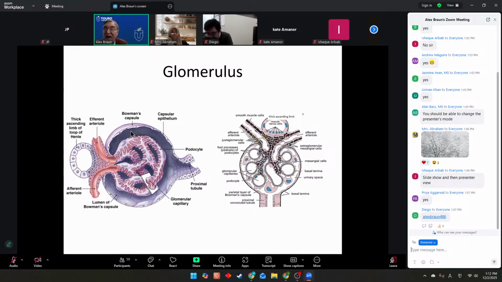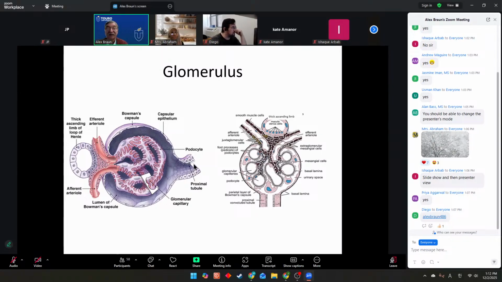Now, Bowman's capsule, with a urinary space or Bowman's space between the parietal layer of epithelium and the visceral epithelium, becomes continuous with the proximal tubule here. This is the beginning of the proximal convoluted tubule of the nephron. The functional unit of the kidney is called the nephron. So here you see the Bowman's capsule becoming continuous with the epithelium of the proximal convoluted tubule of the nephron.